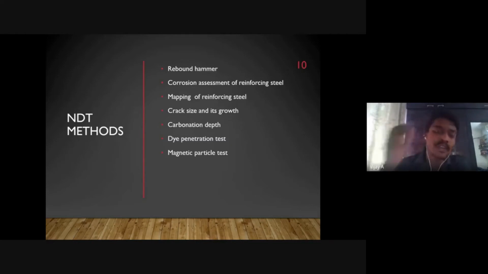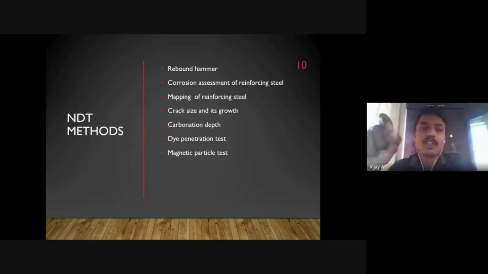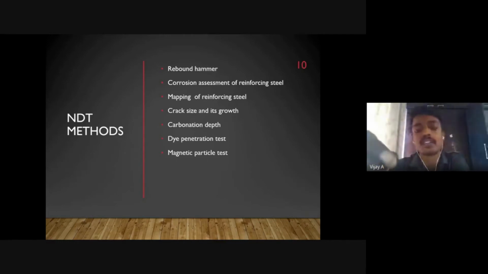For example, in STAAD.Pro, you are going to design a 3-story building. STAAD.Pro will give you the analysis results and design results as well. But even an 8th standard or 10th standard student who has good common sense or English knowledge can work on the STAAD.Pro software, isn't it?